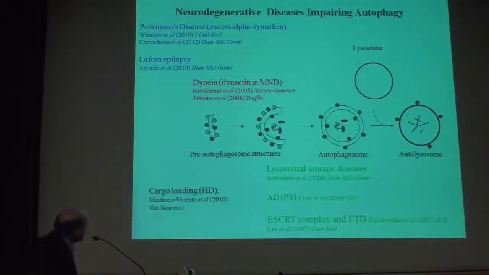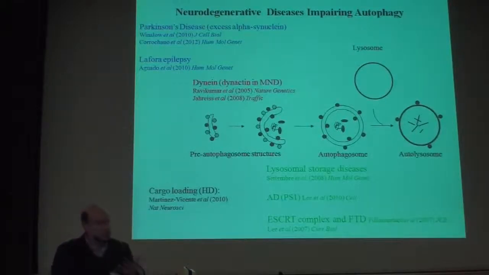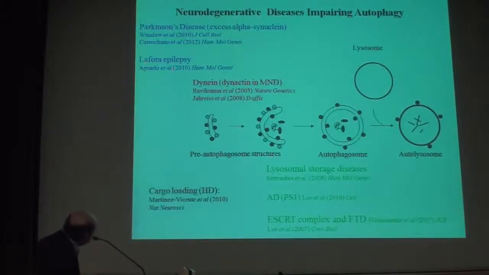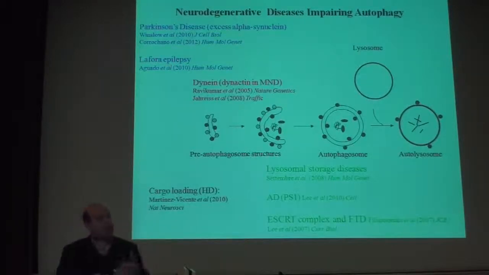So the blue diseases are conditions where there's a defect in autophagosome formation. The Fora disease is a degenerative disease which leads to epilepsy and very early death. And in collaboration with Bernet's group, we showed that this disease has defective autophagy both in cell-based systems and in mice. The reason for this is that the mutation basically hyperactivates mTOR.